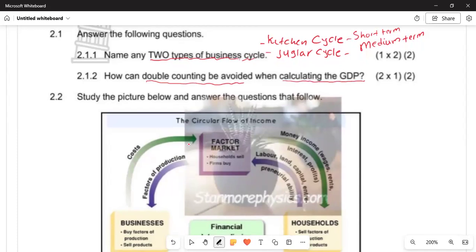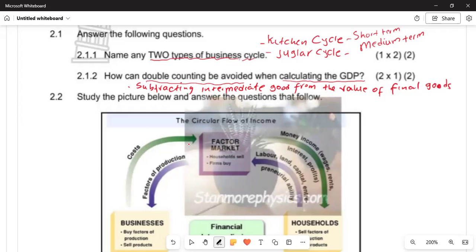So we can avoid double counting by subtracting intermediate goods from the value of final goods.